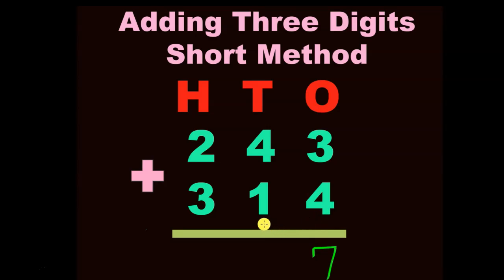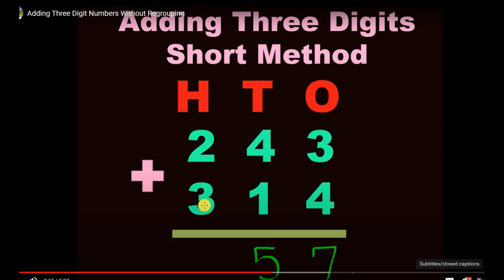Now we are going to travel to the tens place, and we are going to add the tens place vertical straight down. 4 plus 1 equals what? You got it, 5. Now we will travel to the hundreds place and we will add the hundreds place straight down or vertical. 2 plus 3 equals what?